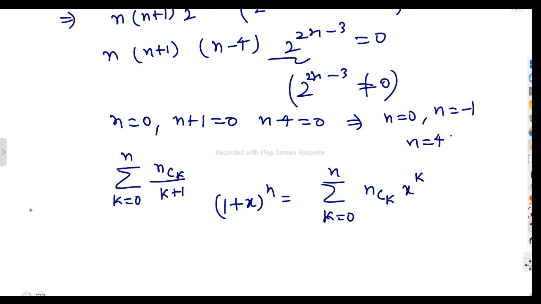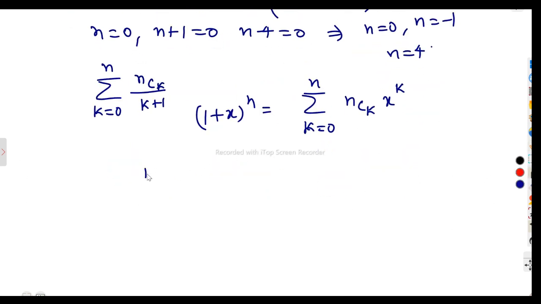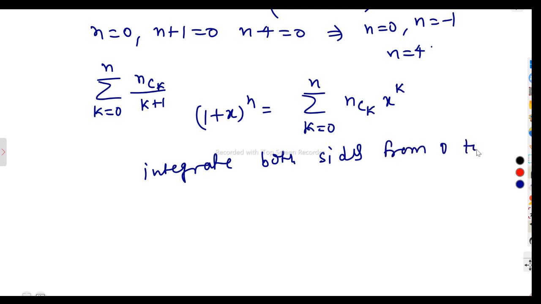So if we integrate this expansion on both sides with respect to x within limits 0 to 1.